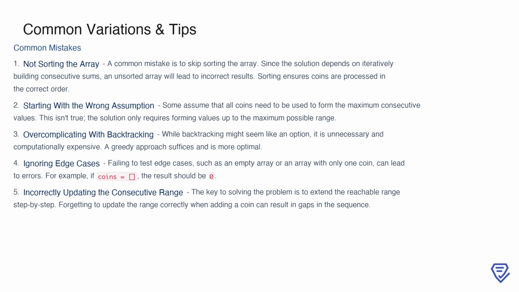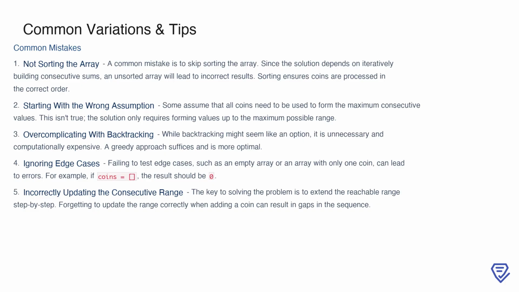This isn't necessary. The goal is to form all values up to the maximum reachable range, not to use every coin. Overcomplicating the solution with backtracking is another trap. Although backtracking might seem like an option, it's computationally expensive and unnecessary since the greedy approach is both simpler and optimal. Additionally, it's important to test for edge cases, such as an empty array or an array with just one coin.